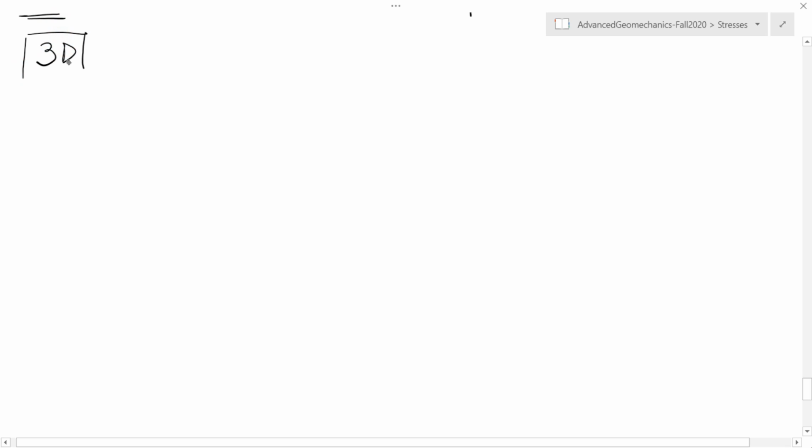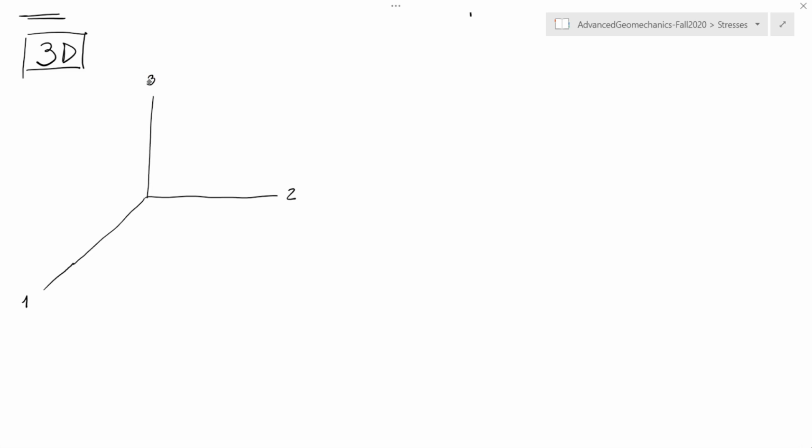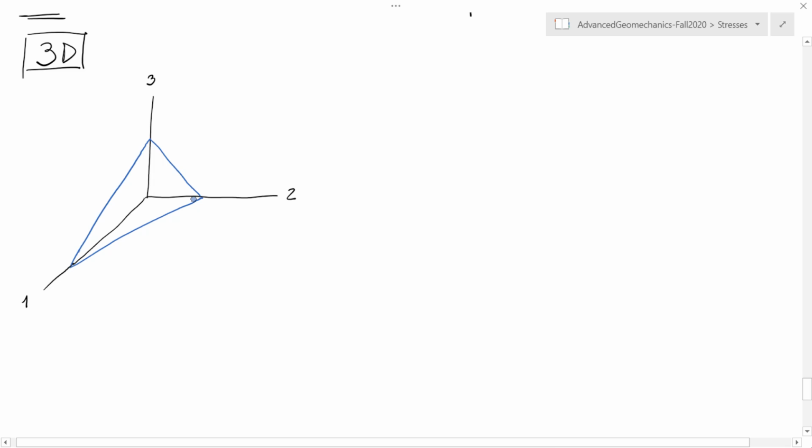And in the 3D case, we're going to draw a 3-dimensional coordinate system with axes 1, 2, and 3. Here I'm going to draw the solid already cut by a plane, and let's say that it is like this. Now this is in 3 dimensions.